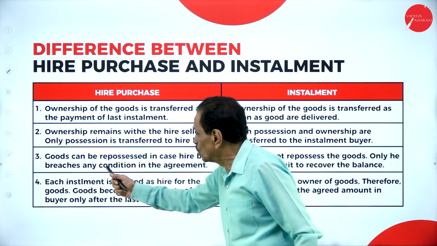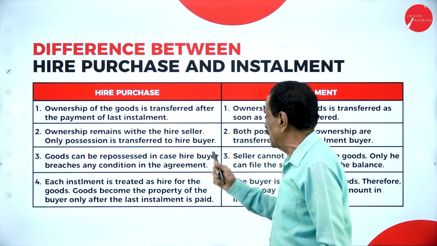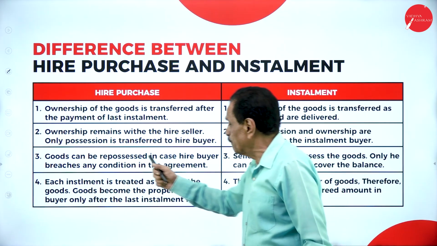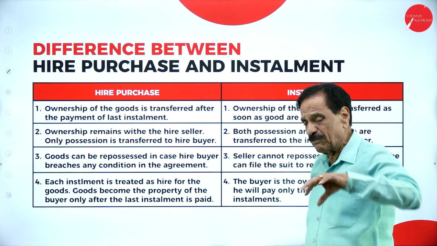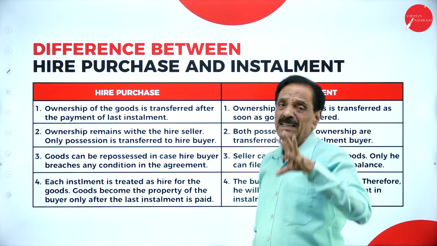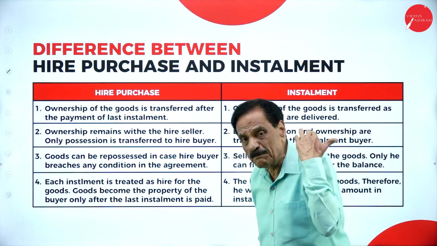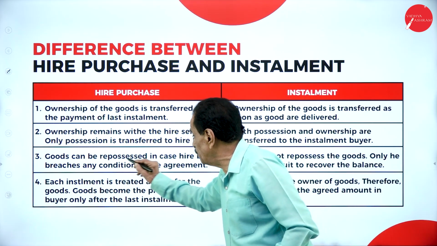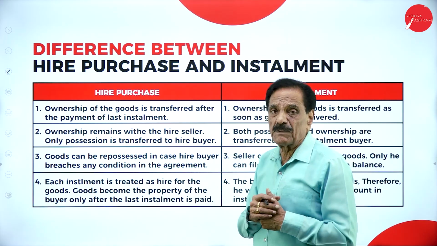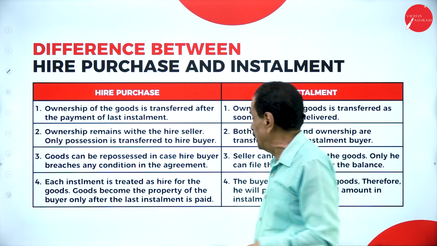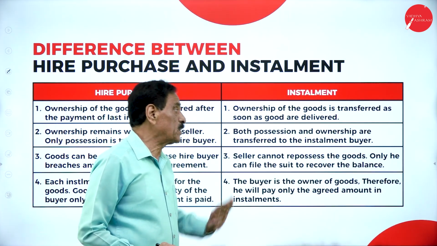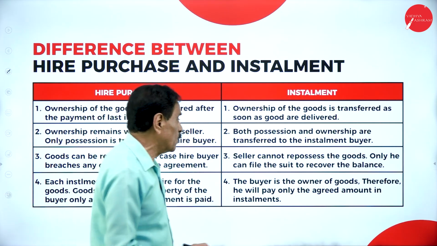Number 3, goods can be repossessed in case the hire buyer breaches any condition in the agreement. If the hire purchaser fails to pay any installment, the seller can take back the goods. In installment purchase, the seller cannot repossess the goods.